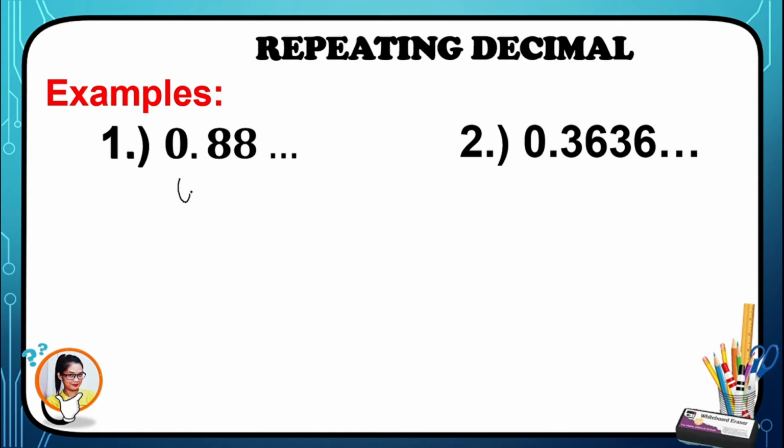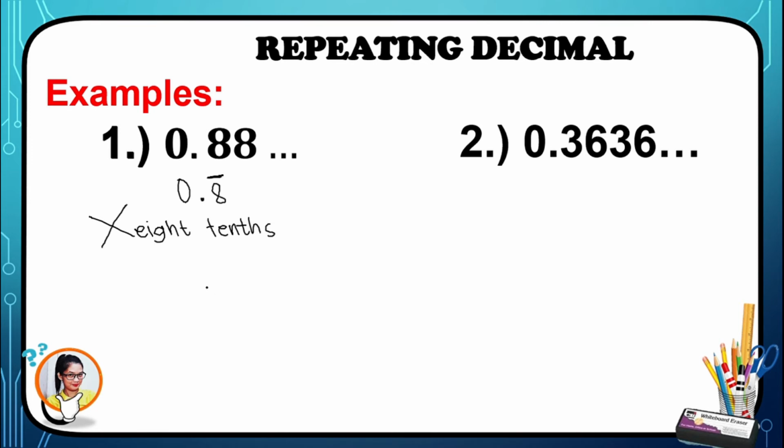Now we can write this as 0.8 with a vinculum or a bar, which means there is only one digit that is repeating, and that is 8. But we cannot read this as 8 tenths, because it has a vinculum.